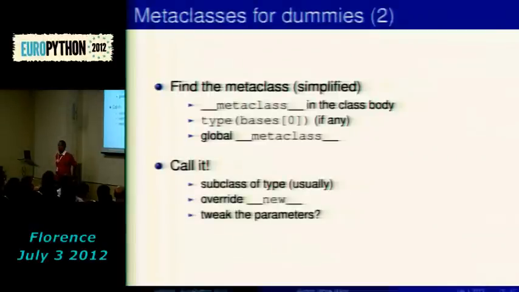So once we found it, we call it. So we instantiate our class. Usually metaclasses are subclasses of type, because it does most of the work for us. Usually you override the __new__ method, and then you can tweak the parameters and do whatever you want.